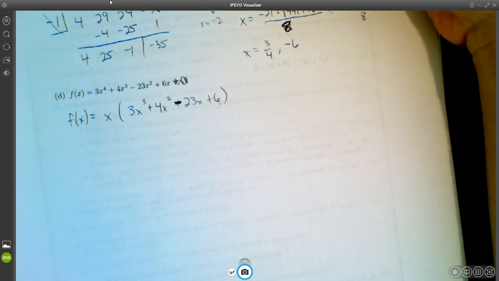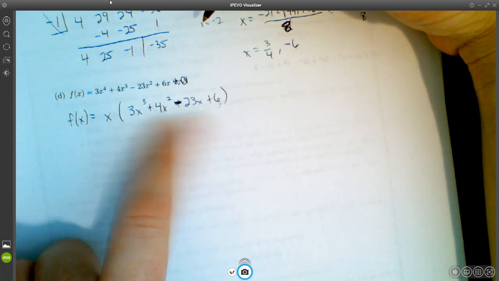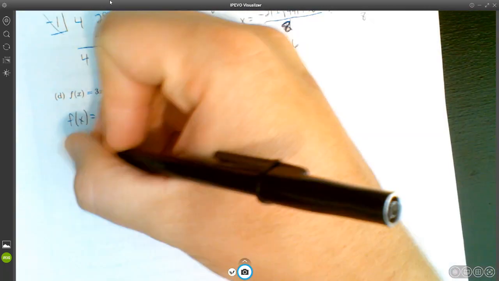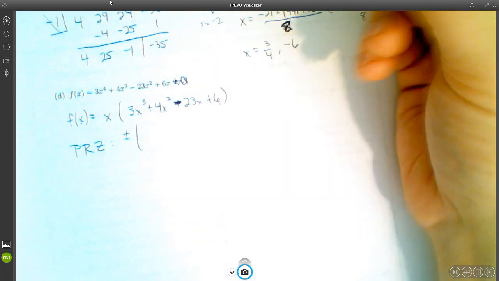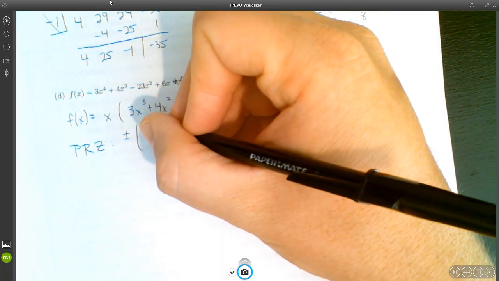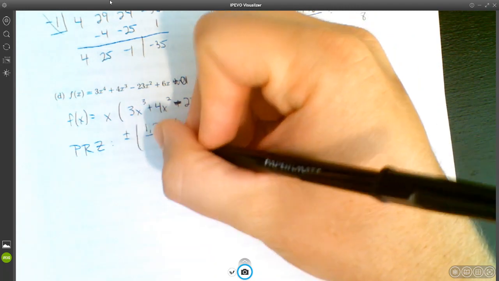Of course, before we do that, we should see if we can factor it by normal means, and I don't think we can. So we're going to have to make a list of the possible rational zeros. They're going to be factors of 6 over factors of 3. Oh, thank goodness. This is a little easier, right? Factors of 6: 1, 2, 3, and 6, over factors of 3: 1 and 3.